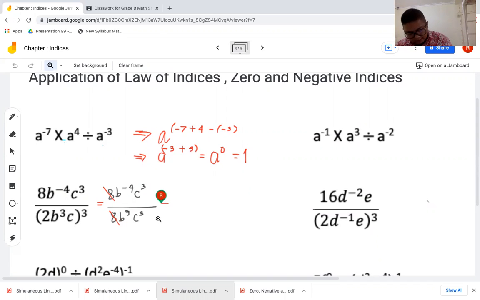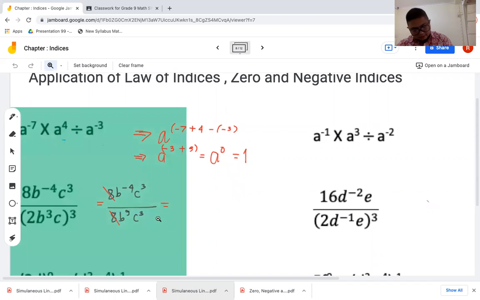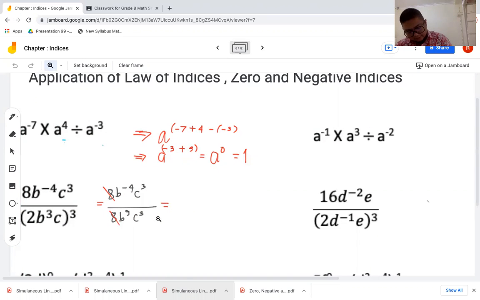And you will have this calculation of b, negative 4 minus 9, and then c, 3 minus 3. Okay, so if we recalculate this, this is going to give us an answer of b raised to negative 13.